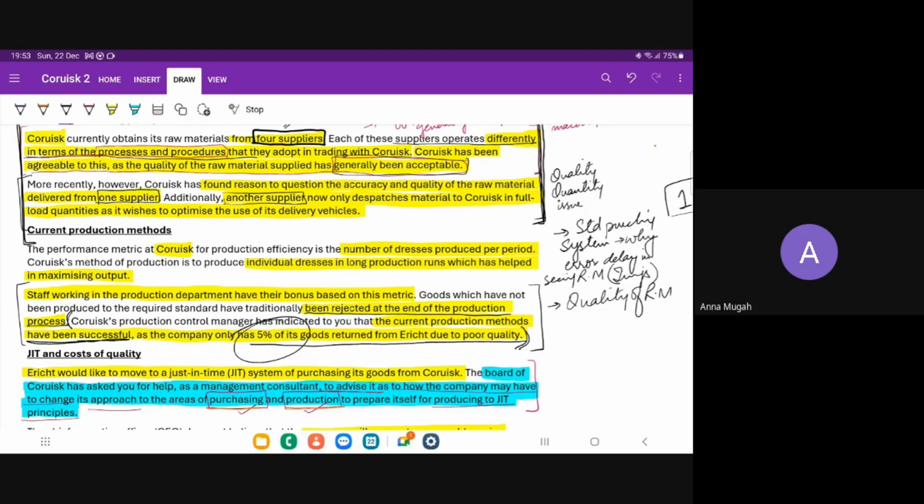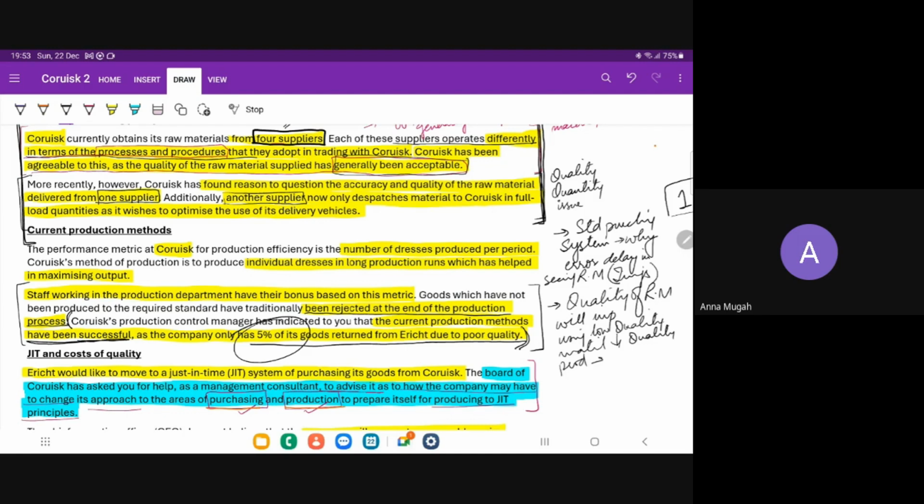to return the raw material to the supplier and ask them to resend perfect raw material. And in that case, it will take more time, right? So quality of raw material will be extremely important. Why? Because using low quality material will reduce the quality of the product.